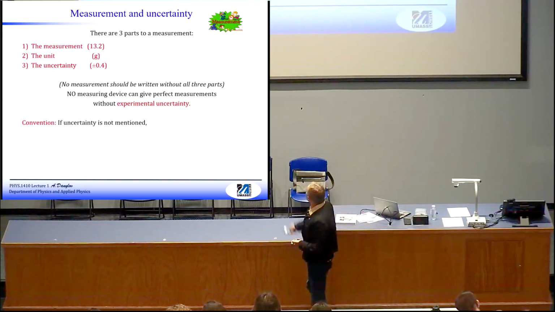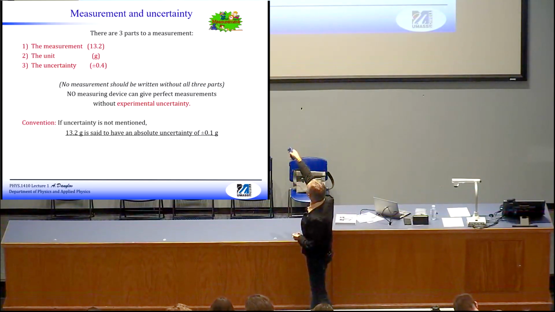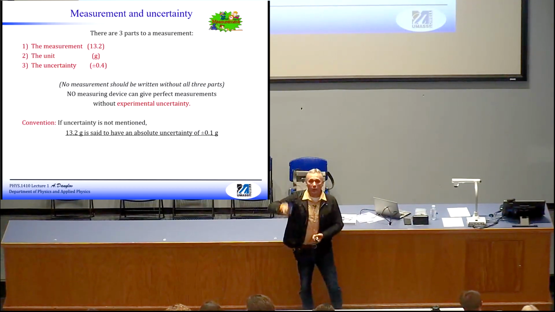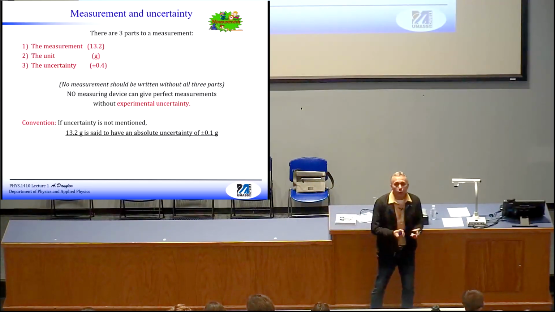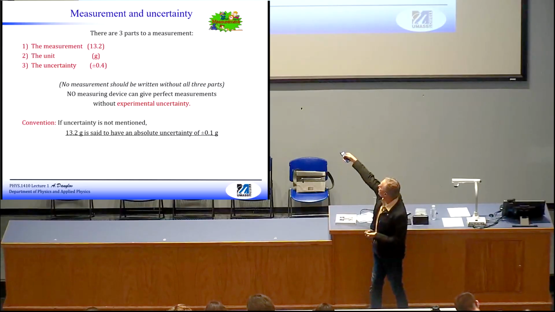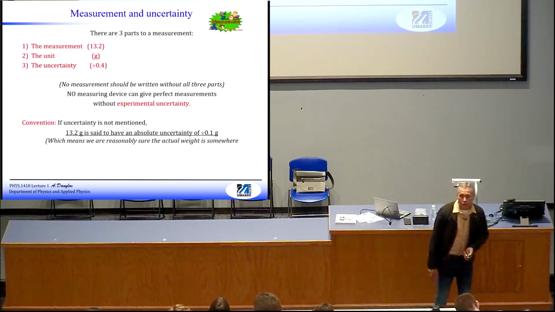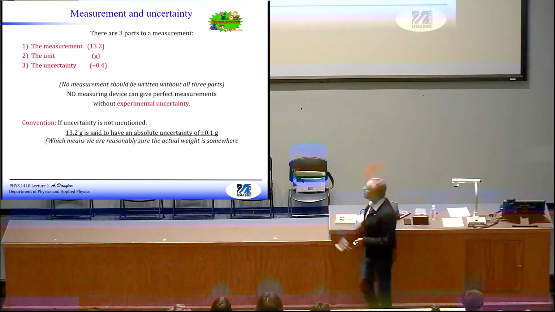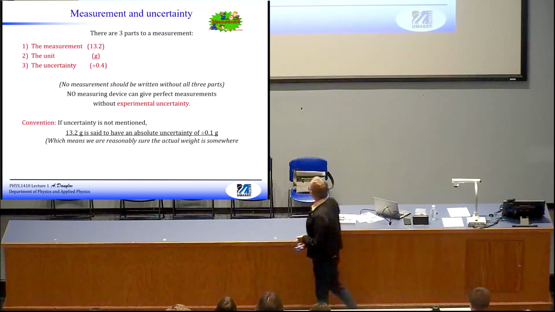So if uncertainty is not mentioned, then by convention, uncertainty is in the last digit, in 2, and plus minus 1 of that digit. So in this case, essentially it means that the actual weight is somewhere between 13.1 and 13.3. Convention: plus minus 1 of the last digit of the number.